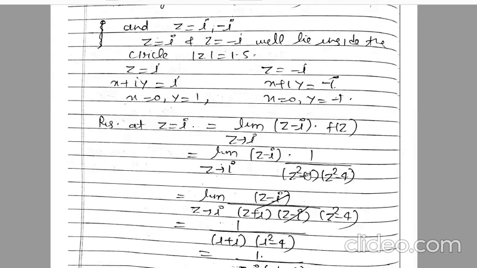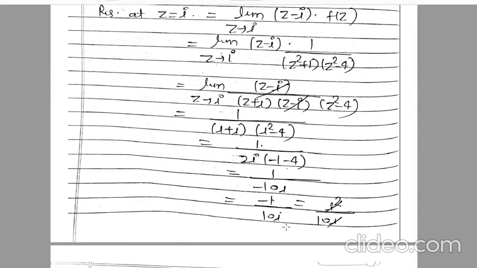Z square plus 1 you can write as (z plus I)(z minus I), and you have already factored the quadratic. So you get minus 1 upon 2i into (minus 1 minus 4), that is minus 5 into 2i, minus 10i. You can write minus 1 as iota square, so the residue value is I upon 10.